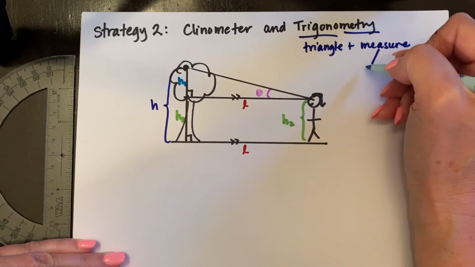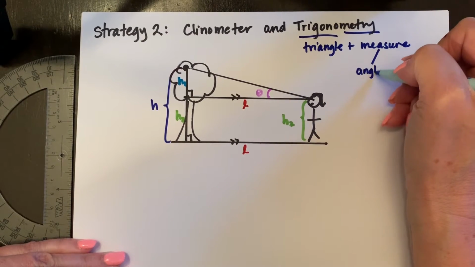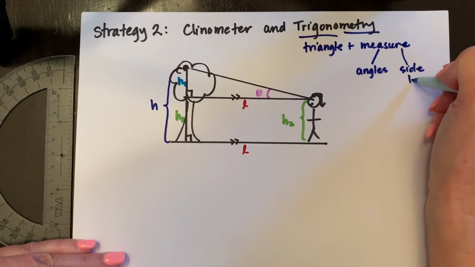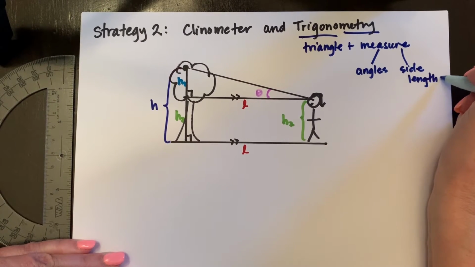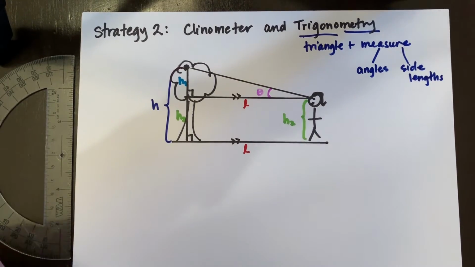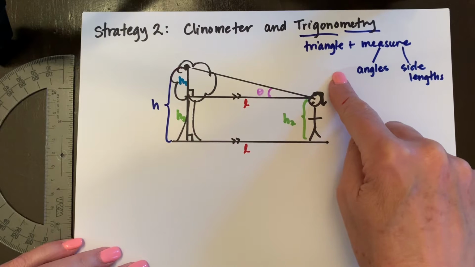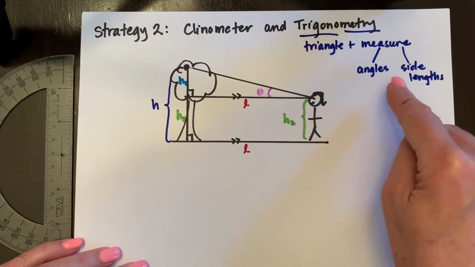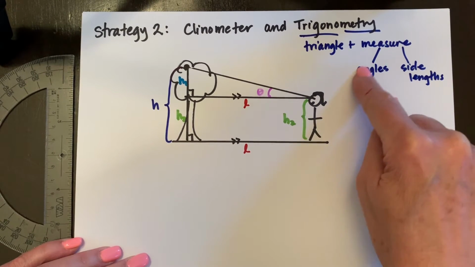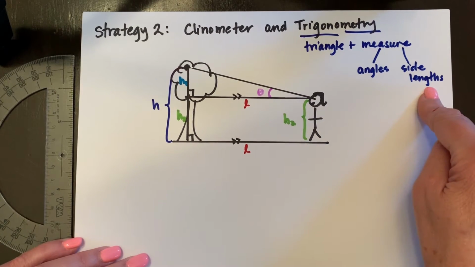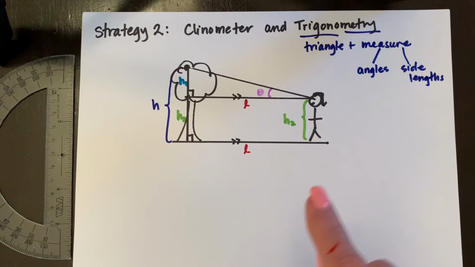And if you recall, every triangle has angles we can measure and side lengths we can measure. And so it turns out that there are what we call trig functions that we can use. We can input an angle measure, and it will give us a ratio of side lengths.